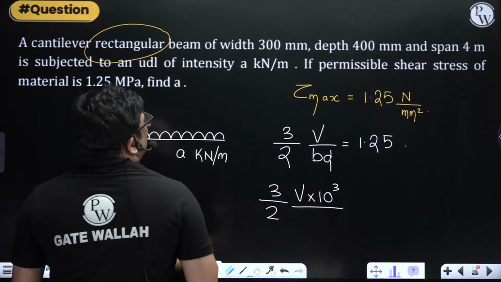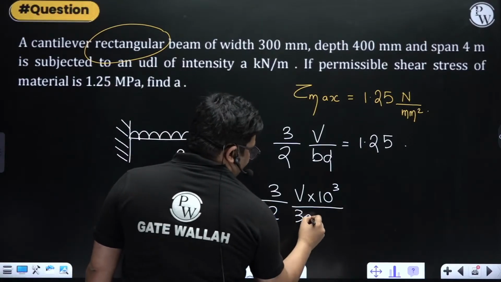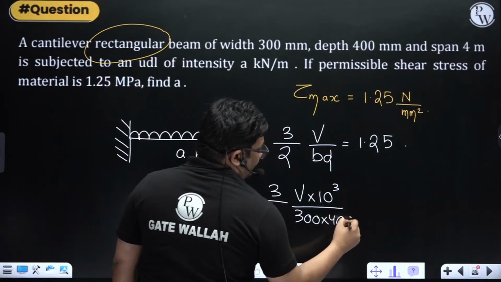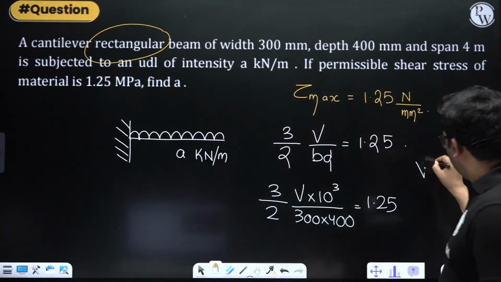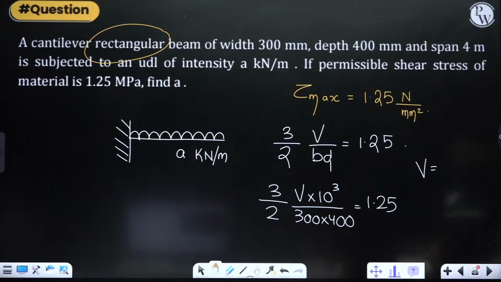So B is how much? 300 and 400, right? So from here I can find out V. How much is V? I am getting 1.25 into 300 into 400 into 2 divided by 1000 divided by 3. V I am getting 100, right?